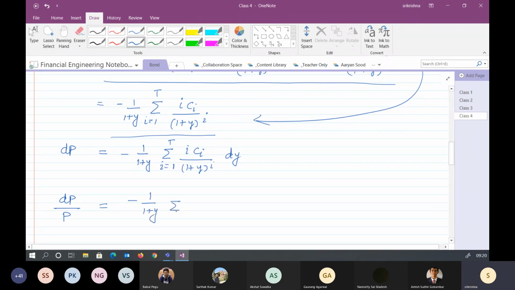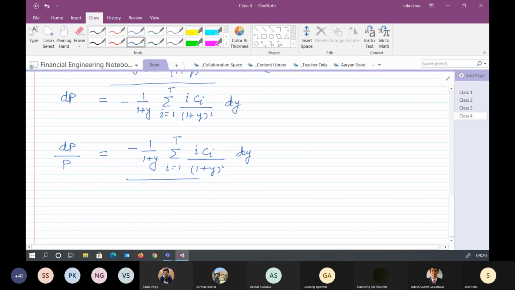Look at here what we are going to do. And what can I write about P? Can I write P is equal to this, the denominator part?